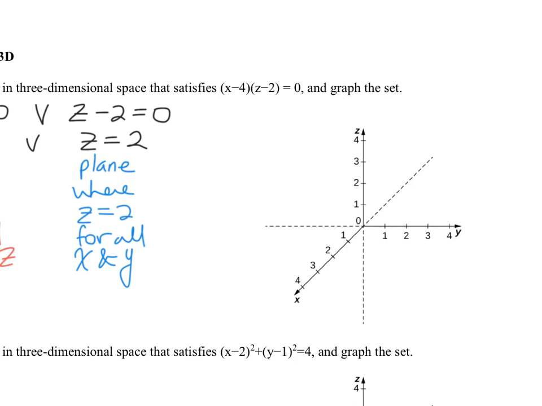Anyway, I have to create a plane that's going to go through the x value of 4, but it is also going to somehow account for all possible values of y and z. What I do is take advantage of the graph itself. I know what the yz plane looks like according to this graph, so all I'm going to do is reproduce that at the x value of 4. I'm going to take advantage of parallel lines.